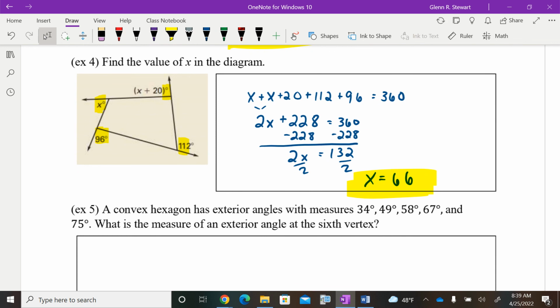Example number 5. A convex hexagon, remember convex just means it doesn't go in on itself, has exterior angles with measures 34, 49, 58, 67, and 75. What's the measure of the exterior angle at the 6th vertex?